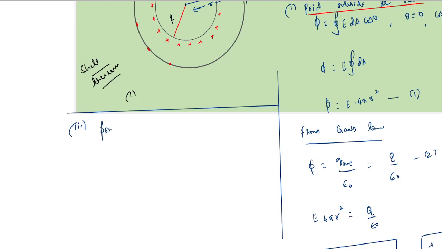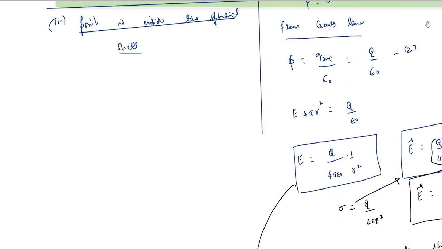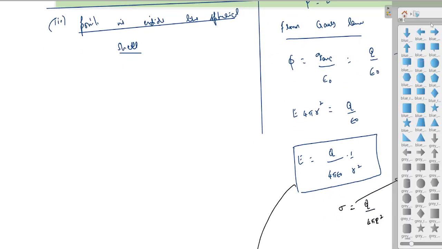point is inside the spherical shell. So we need to find what is the electric field for this point inside the shell. Again, if you want, you can redraw the diagram.